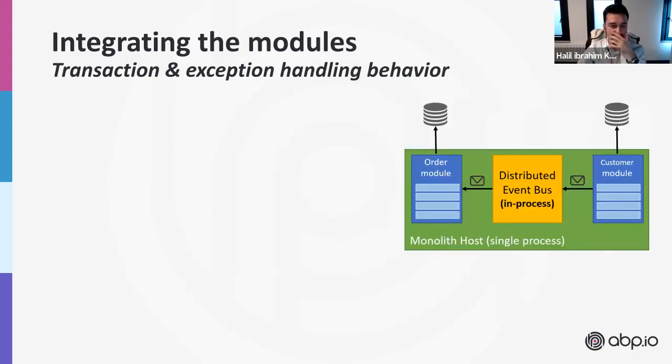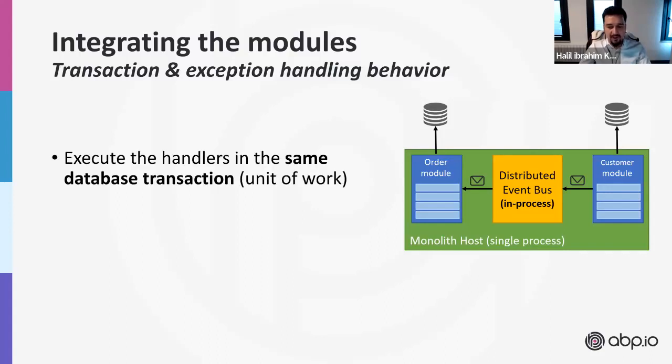One thing we should consider is database transaction and also exception handling behavior when we migrate to microservices. When we have a monolith application, and if we are using a single database, or for example, if two databases are SQL Server and we somehow arranged a distributed transaction approach, then we can execute the handlers in the same database transaction.